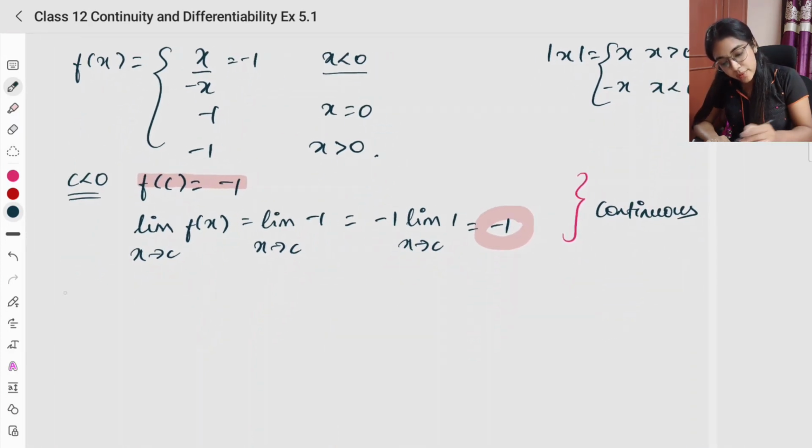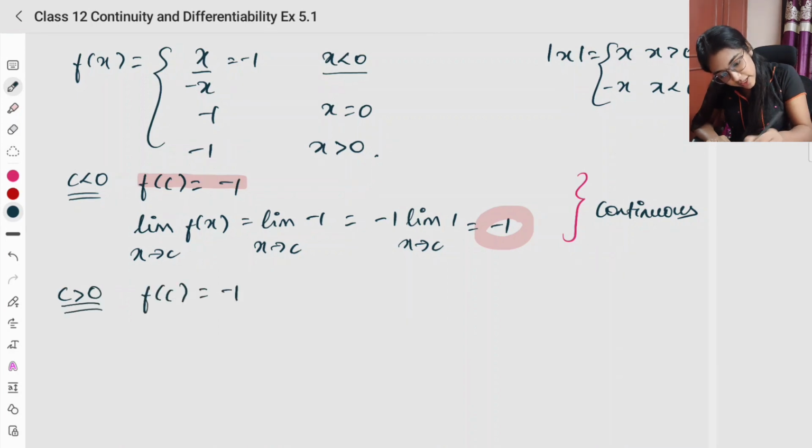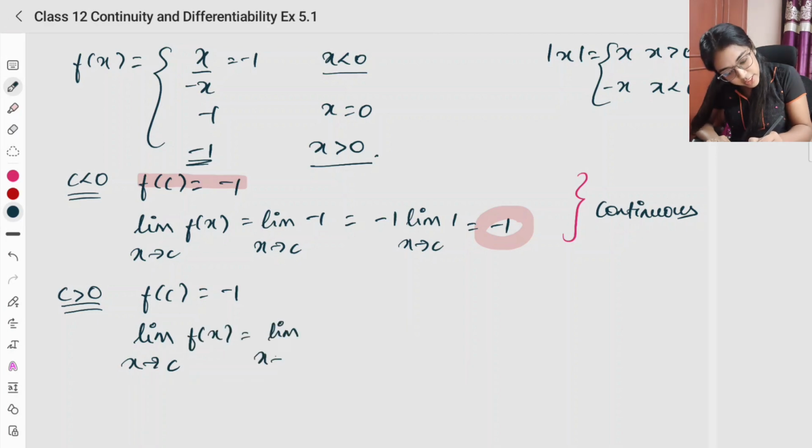Okay, now what happens when c is greater than 0? C greater than 0, f of c is going to take the value minus 1. At greater than 0, the value is minus 1. You see here? Okay, at c greater than 0, minus 1. Now what happens to the limit? Limit x tends to c of f of x, which is going to be limit x tends to c of what is my f of x? It is going to be minus 1. So I am going to take the minus 1 outside the limit and I will be left with limit x tends to c of 1. What is the value of c in this case? It is 0.